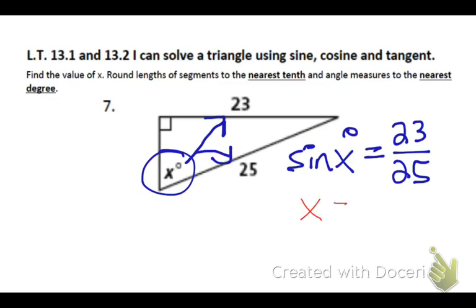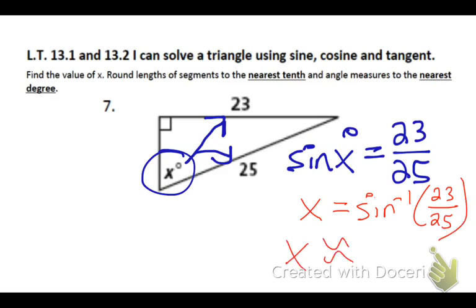So x is equal to inverse sine of 23 over 25. So x is approximately, so I'm going to do second inverse sine, 23 divided by 25, 66.9 degrees.